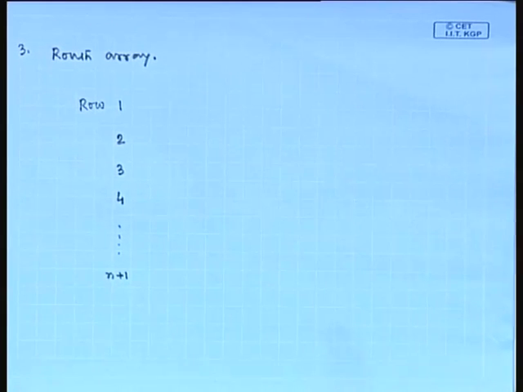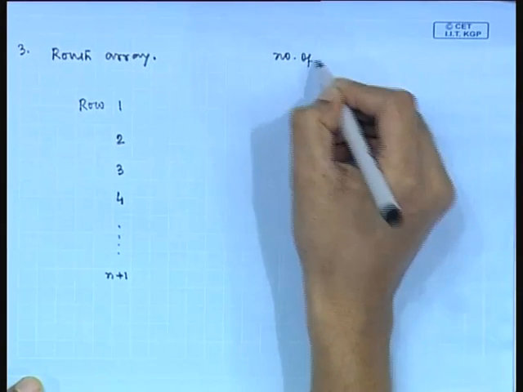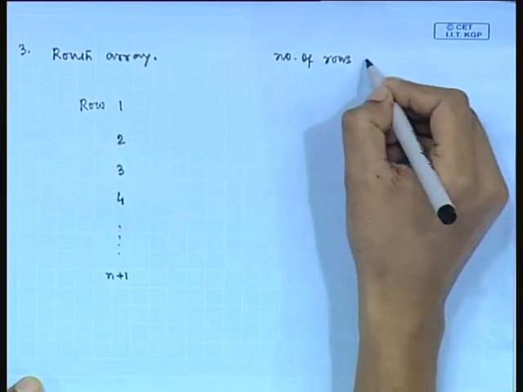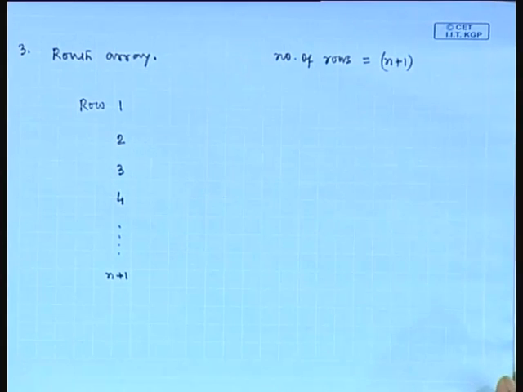So, you remember, if the polynomial is nth order, the number of rows should be n plus 1. Fine. So, number of rows is equal to n plus 1, where n is the order of the polynomial.